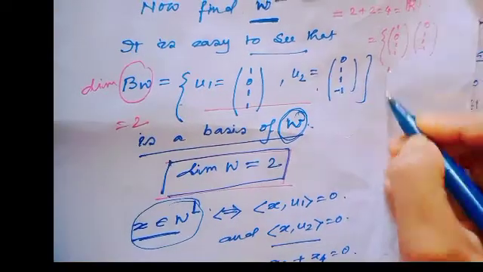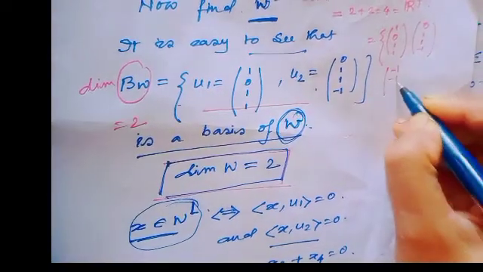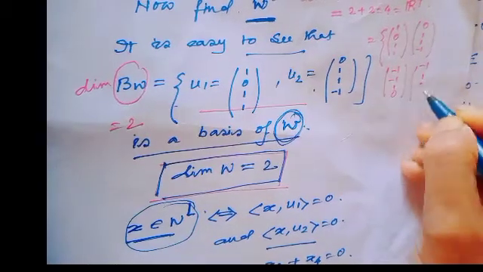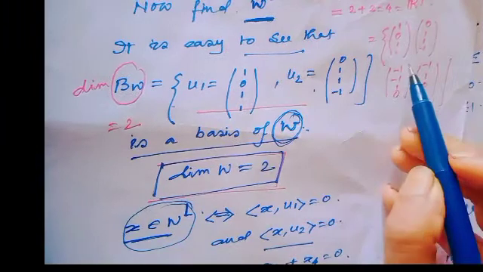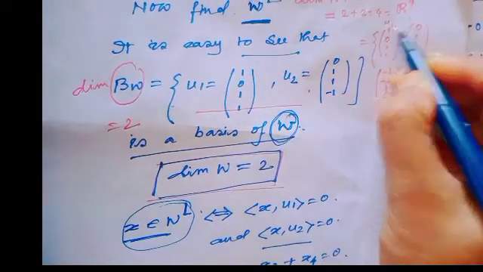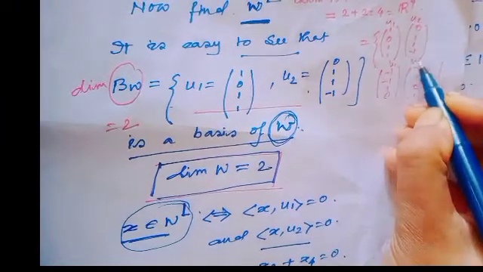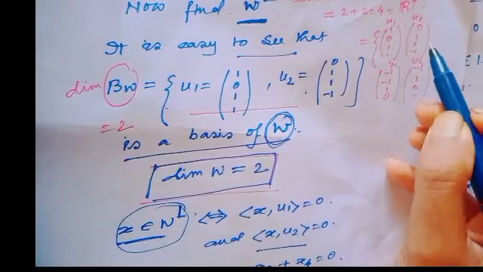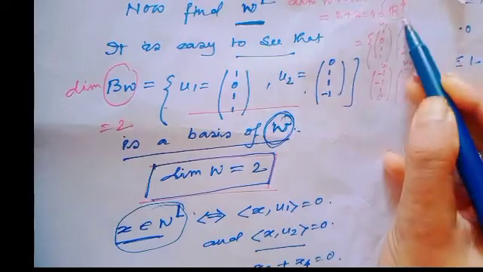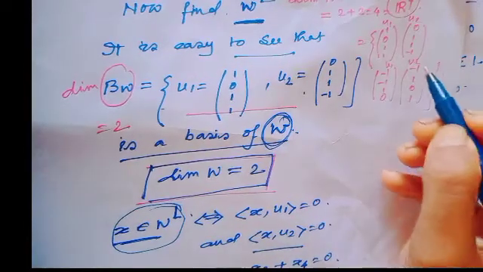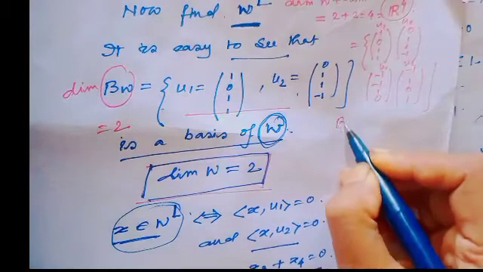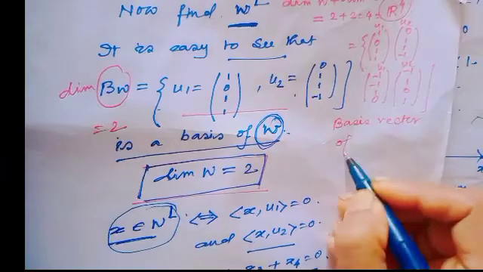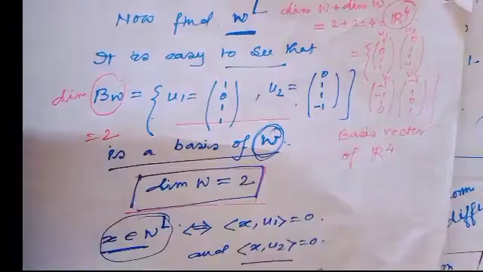This is actually (minus 1, 1, 0, 0) and (minus 1, 1, 0, 1). Notice these vectors, this is u1 and u2, this is v1 and v2. These vectors are linearly independent and they span the whole space R4. That means this is actually a basis of R4. Are you getting the idea?